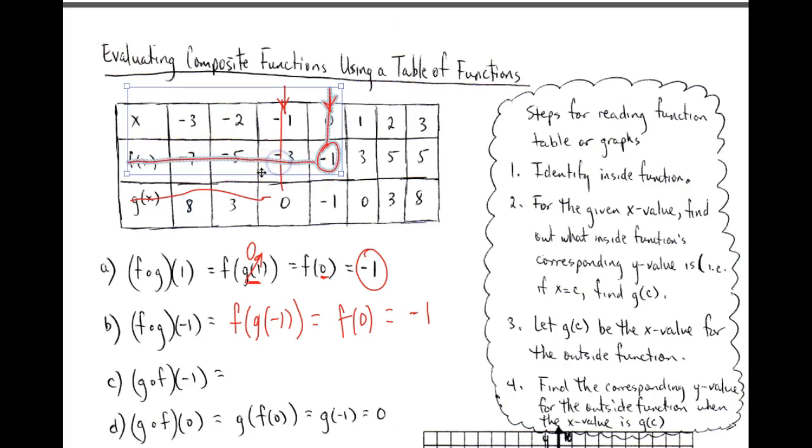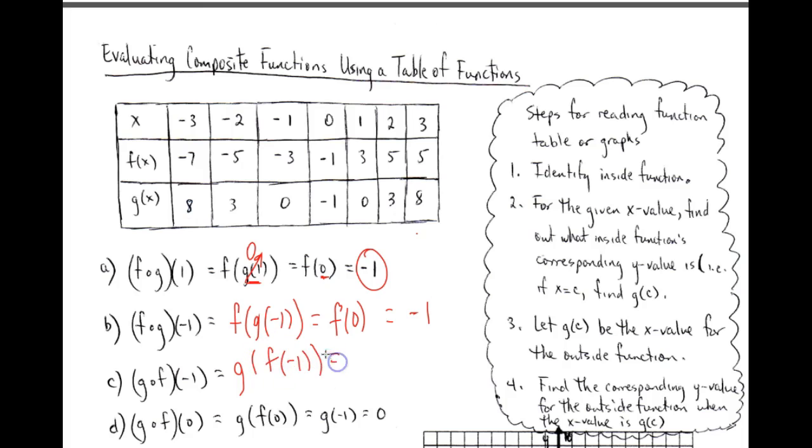So now we'll move on to our next example here. Don't want to erase all of that, but I'll go ahead and replace that right quick. 0. So now we know that this translates to being g of f of negative 1. And so what we want to do now is find out what f of negative 1 is.